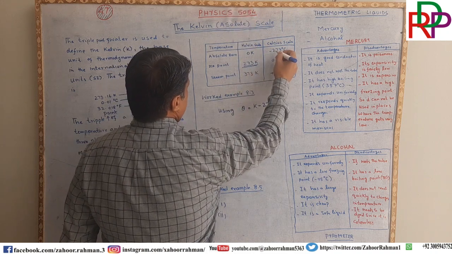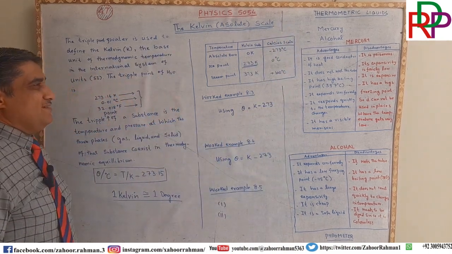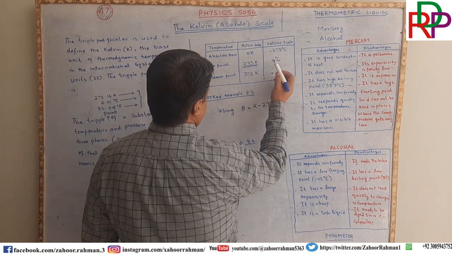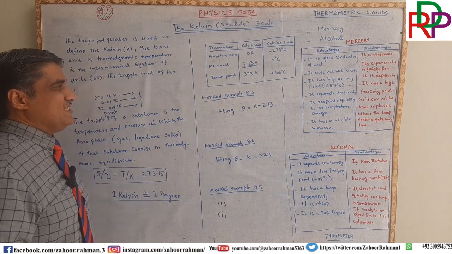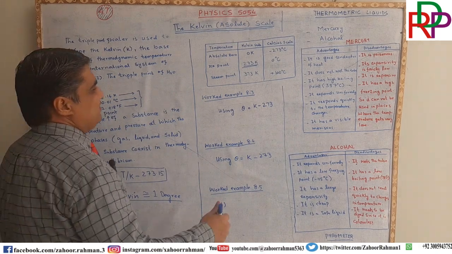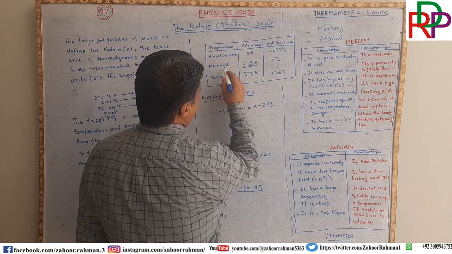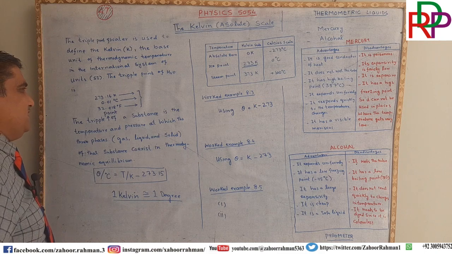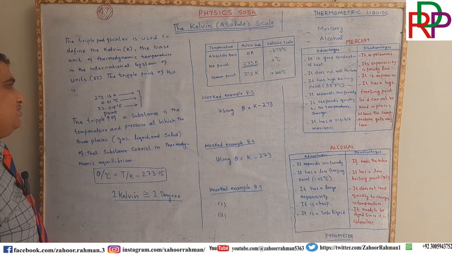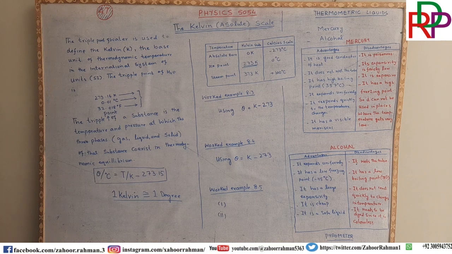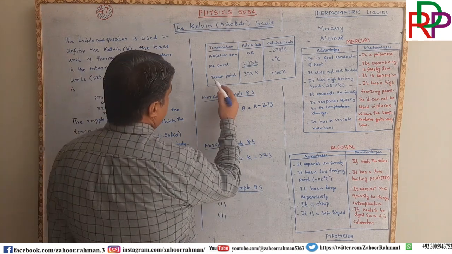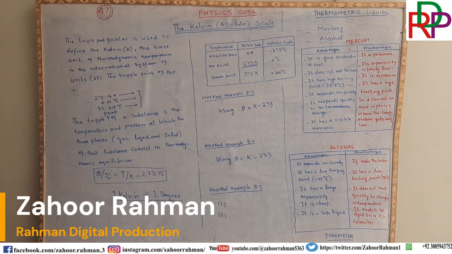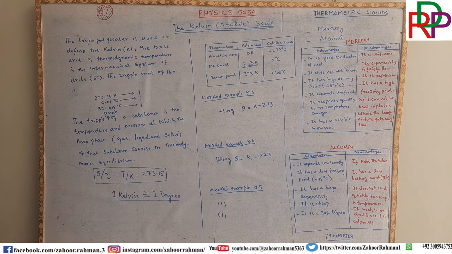Now, when it is increased from minus 273 to 0, we will say that it will be 0 degrees Celsius. This is the ice point. The freezing point is 273 Kelvin and 0 degrees Celsius. We know that in advance. Steam point on the Celsius scale, we understand that it is positive 100 degrees Celsius.